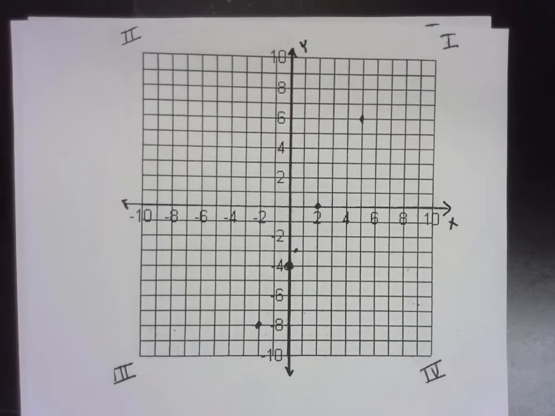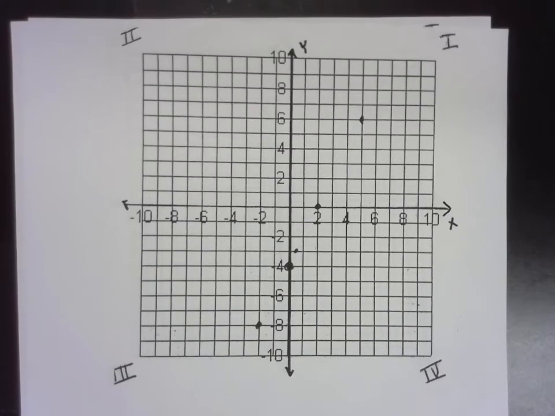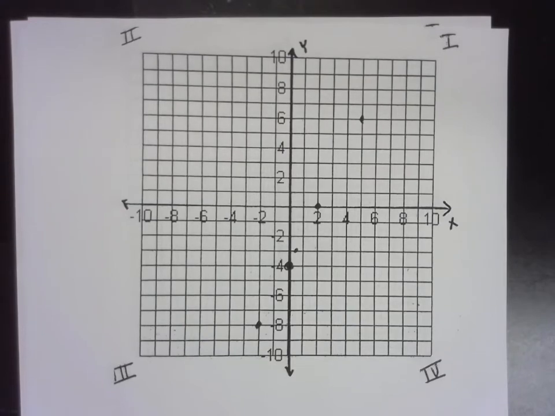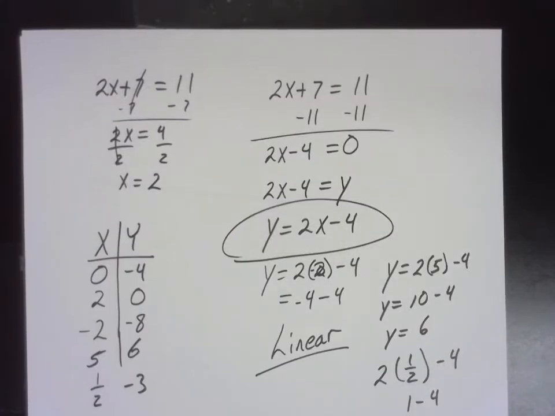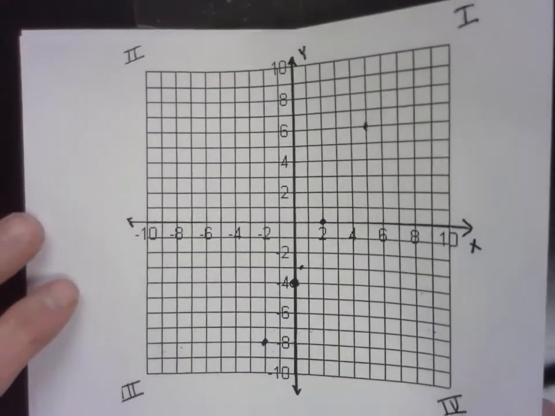We have you guys do 3 points. Do you think I do 3 points when I graph a line? No, I don't. I do 2. Why do we always ask you guys to do 3?